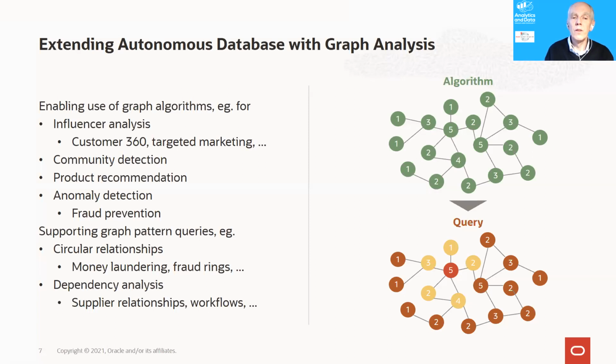And for example, in the context of graph pattern queries, you would be able to find fraud rings, right? Circular structures, money laundering, where money is being transferred in a circle. Those are typical things which you would identify by means of graph analysis. And the main reason why these things can be done so efficiently is that the relationship is a first-class object in the database, which can be taken into account for the analysis.